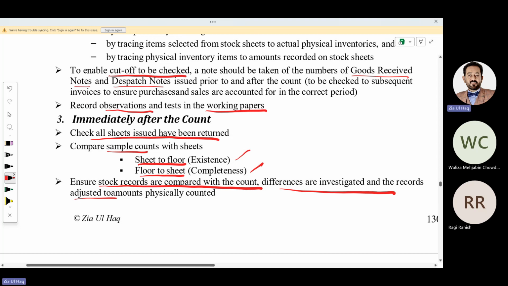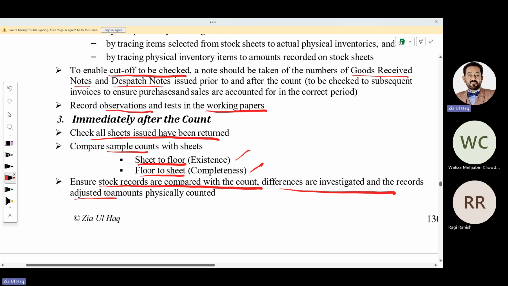So after count, we need to make sure that all sheets have been returned. And we need to perform sample count from sheet to floor for existence and from floor to sheet for completeness. Sheet to floor means the units mentioned on the sheets are actually available, meaning actually existence.